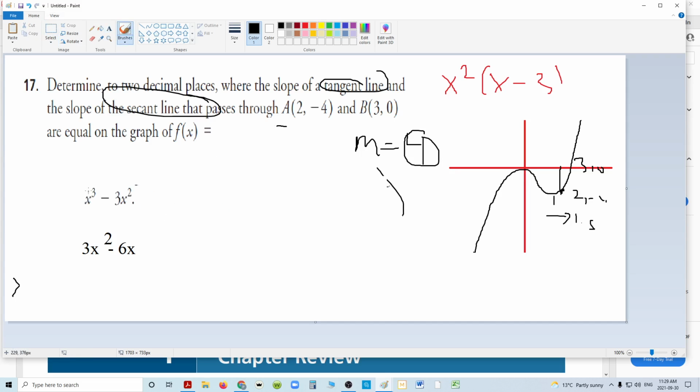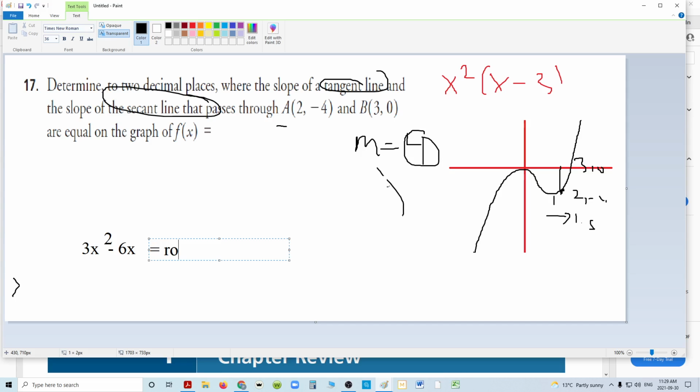The 3 came down and reduced to 2. The 2 came down, multiplied by the minus 3, and reduced by 1. So there's a pattern here. But anyway, we have now a formula for our instantaneous rate of change.